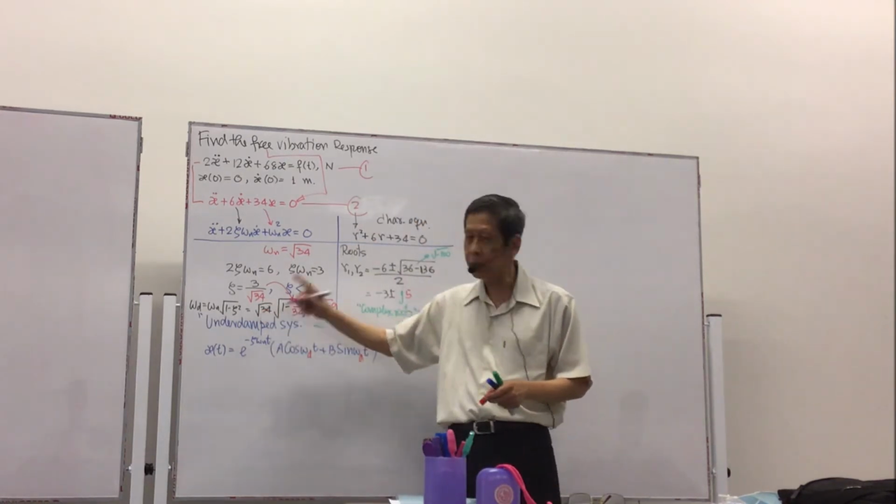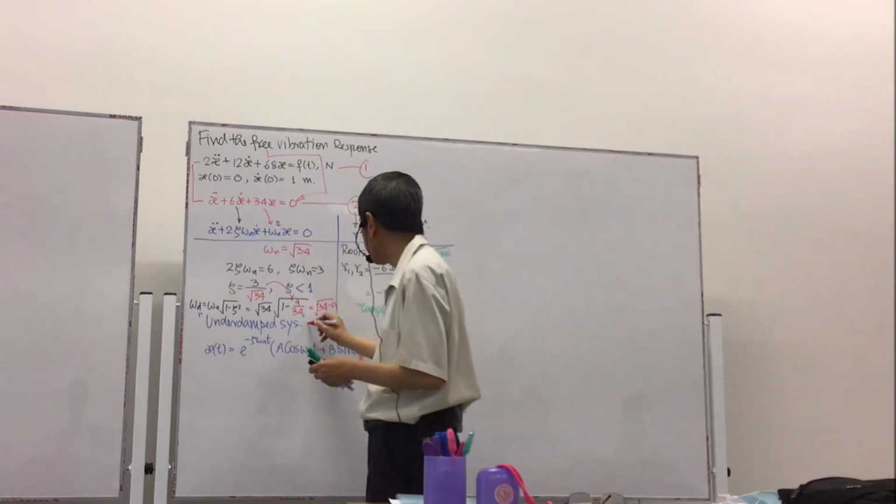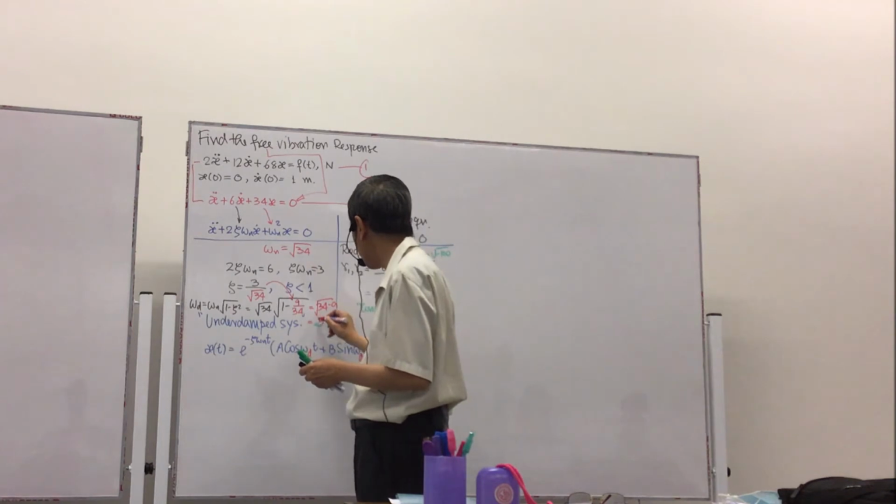It cancels with the one in front of the square root, and this comes out to be the square root of 25, or 5.